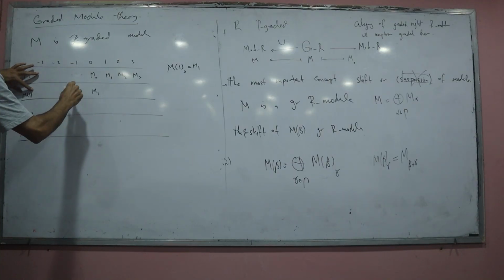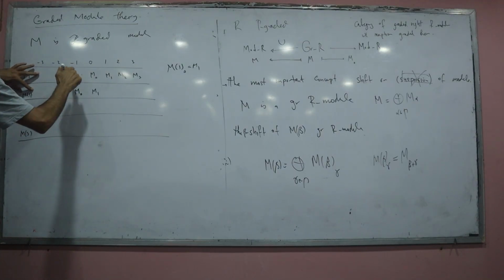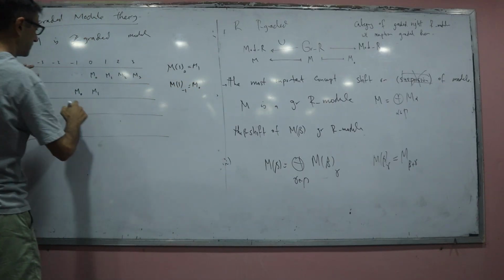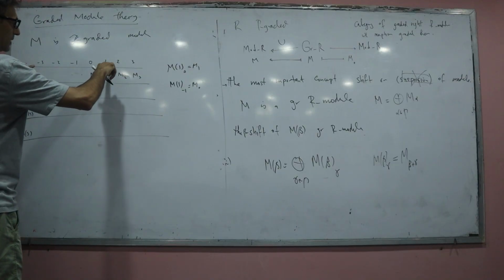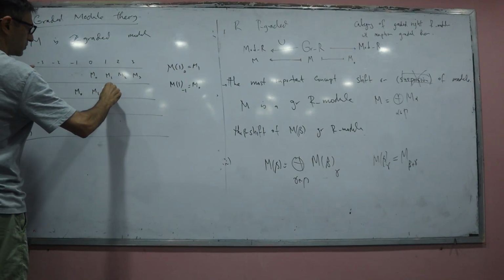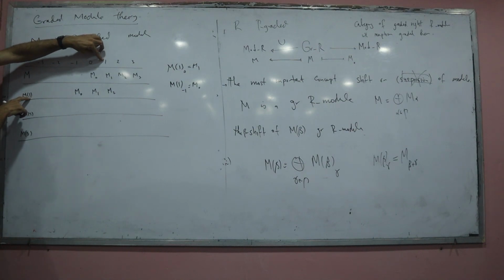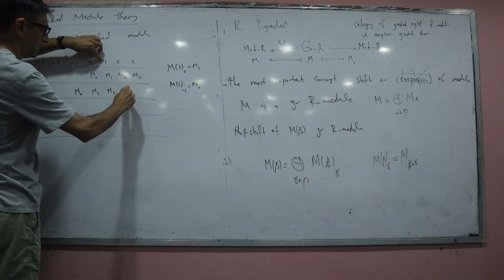This becomes M0, because degree negative 1 gives M0. And then this one becomes M2, because degree 1 gives M2.